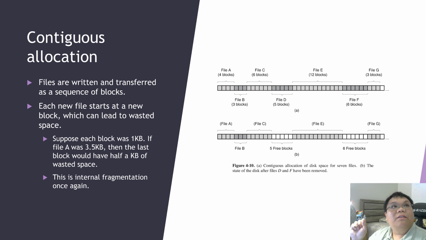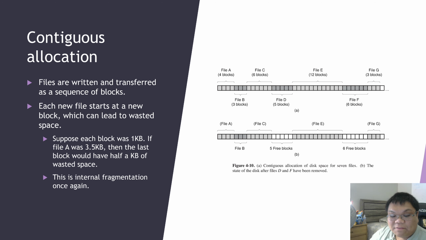Because the disk operates on blocks, if we have a 3.5 kilobyte file, we're gonna fill the first block, second block, and third block entirely, but the last block is gonna be halfway filled. And that halfway full block, that could be space used for another file, but no. When you store a file, it must start at the beginning of a block.